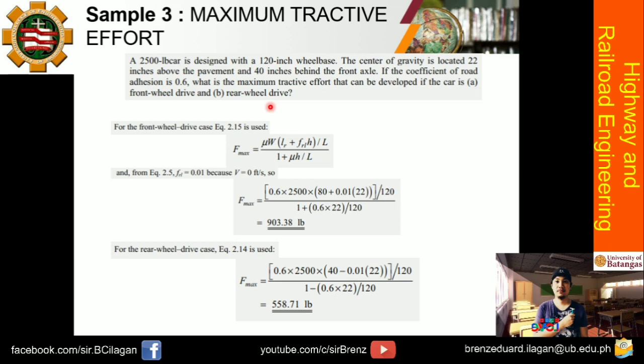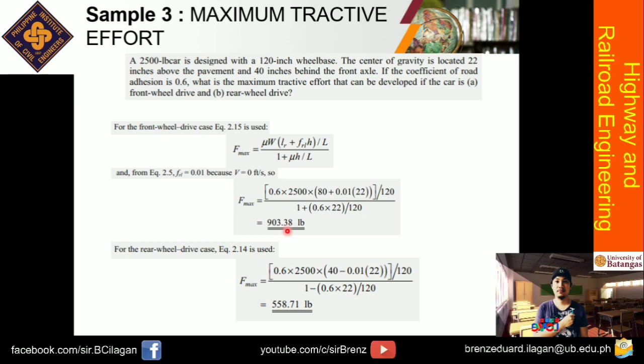And because the velocity is equal to 0 feet per second, the Fmax for the front-wheel drive is 0.6 times 1,500 times the quantity of 8 plus 0.01 times 22 over 120, over 1 plus 0.6 over 1. So, the maximum tractive effort that can be developed in a front-wheel drive is 903.38.